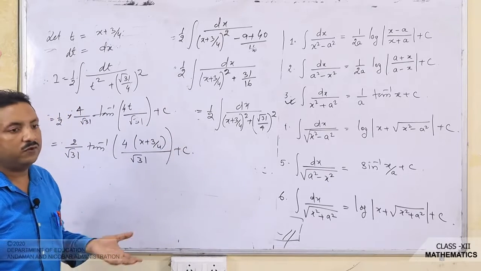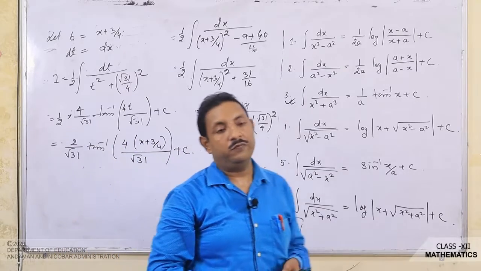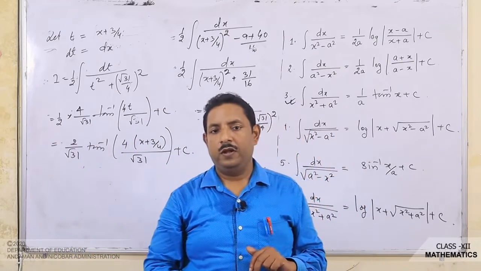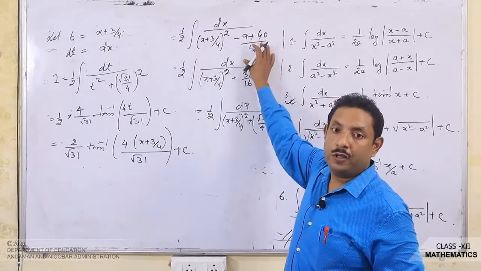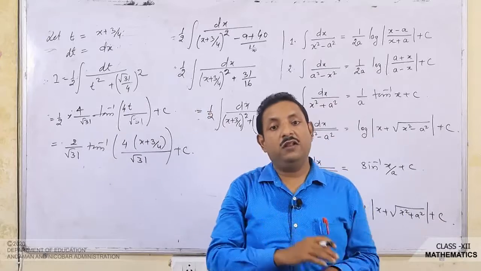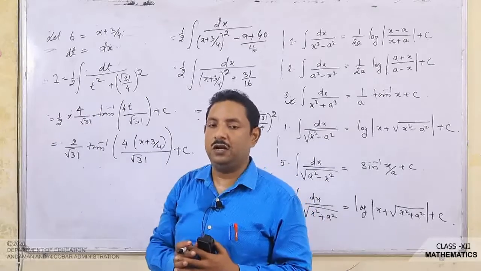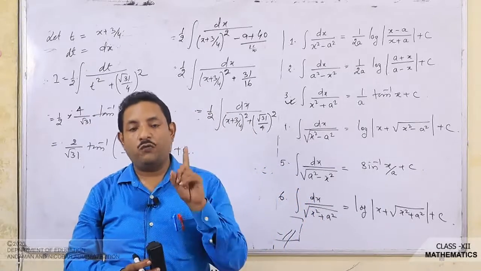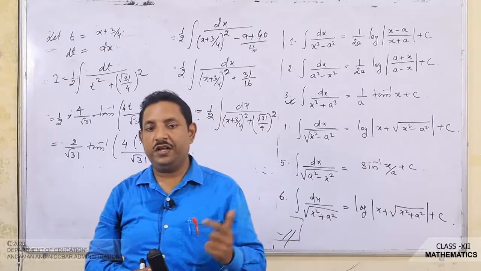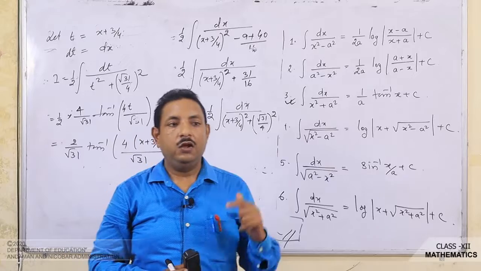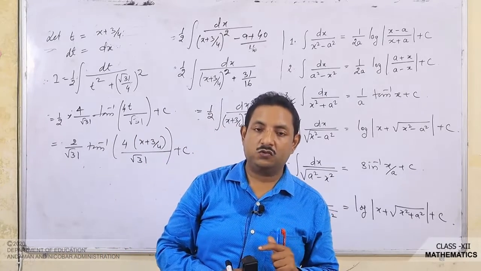So, this way you can perform the integrations of these quadratic functions given in the denominator form. It may be in this form, where there is no root, but your problem may be given in root form also. In both cases you have the same procedure. First make the coefficient of x square as 1 and take the constant outside of the integration sign, then take the perfect square. How to make the perfect square?